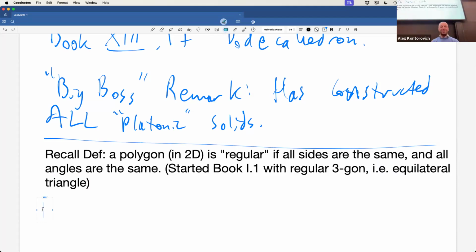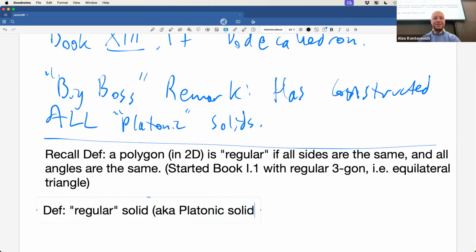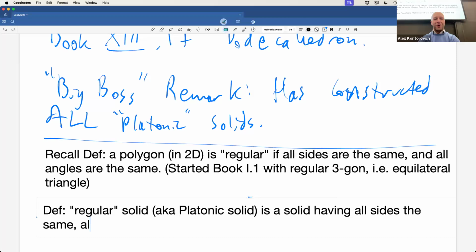What's a regular solid? A regular solid, also known as a Platonic solid, is a solid having all sides the same, all angles the same.